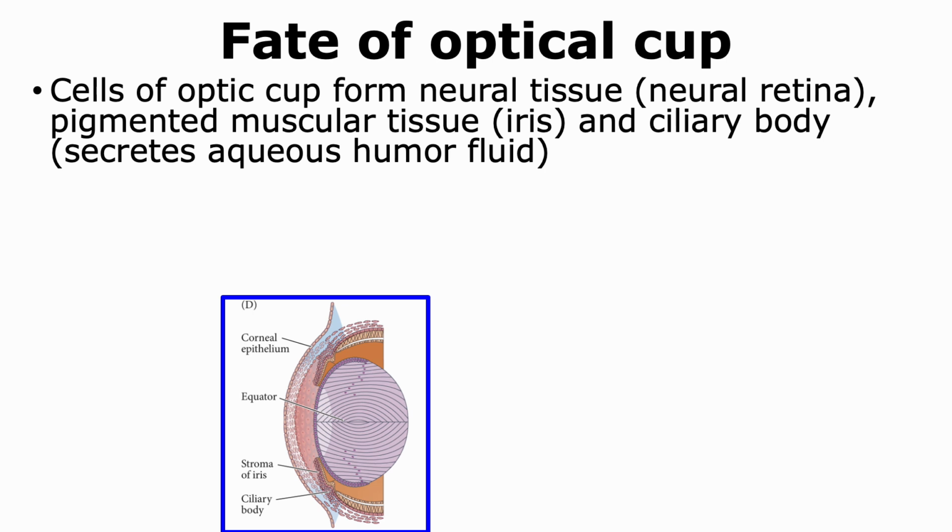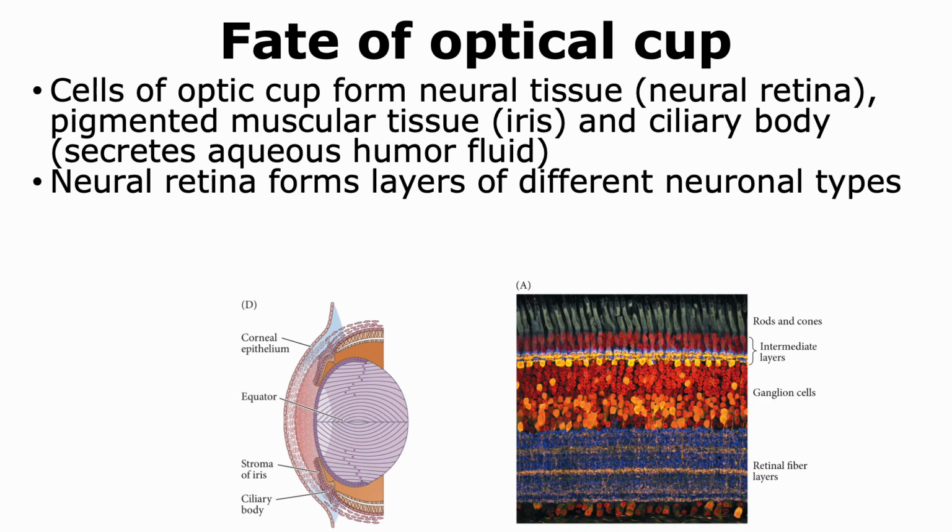Some of these structures can be seen in the figure shown in the blue box. Now, the neural retina develops into a layered area of different neuronal types, which is shown in the figure to the right. This kind of layered structure is similar to what we have seen in other neural tissues, like the cerebrum or the cerebellum.